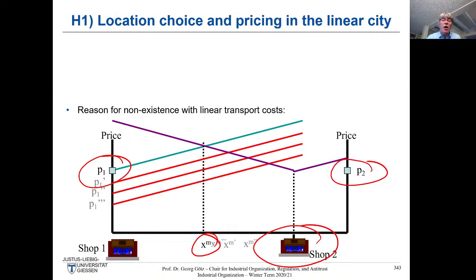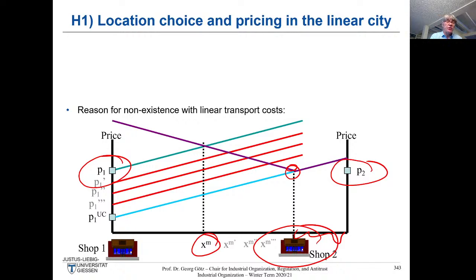But the problem is, once it sets a price where it undercuts the shop here, it gets all the consumers in the backyard here. That is, here we have a discontinuity in the demand function, and therefore also a discontinuity in profit.